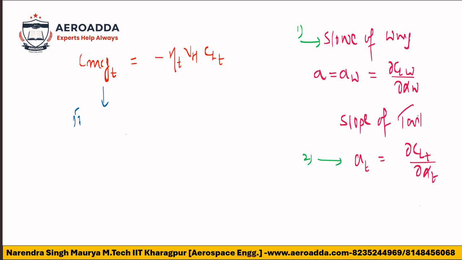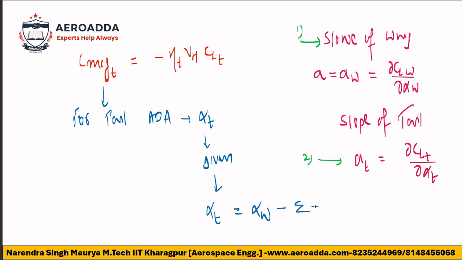So for the tail, the angle of attack is nothing but αT. I had shown the diagram and explained that αT, the angle of attack for the tail, was the total α, the angle of attack of the wing, minus the downwash angle ε, minus the incidence angle. That I have already discussed with you.